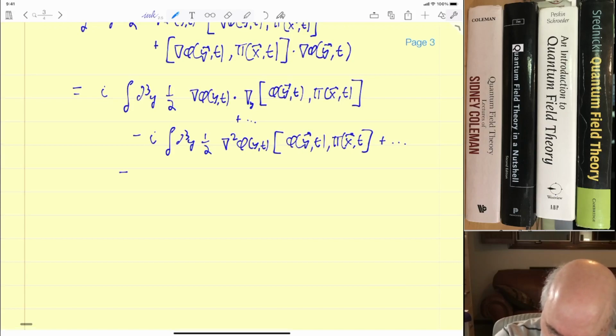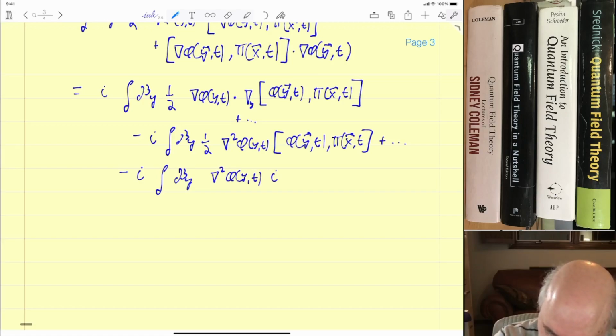And now I get minus i, the integral d³y. I'm going to combine both these terms, which are the same, del squared phi of y comma t.